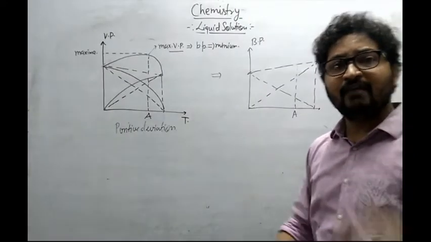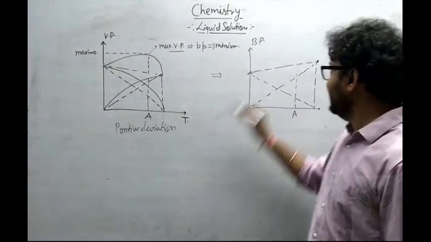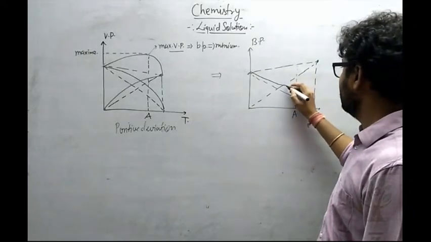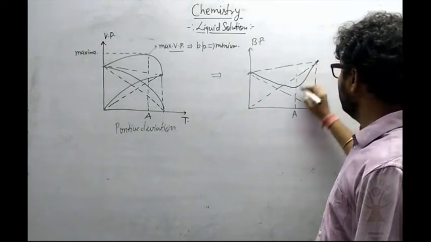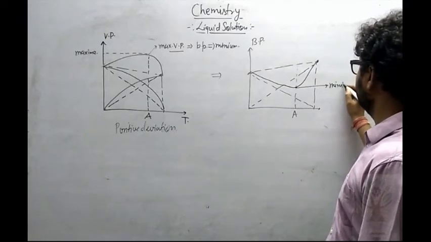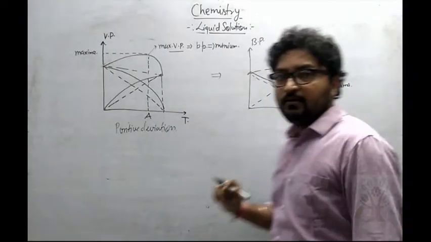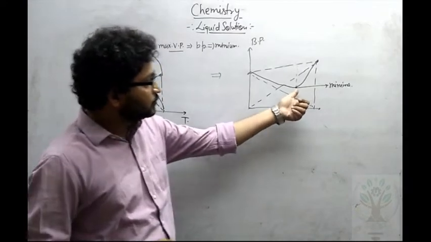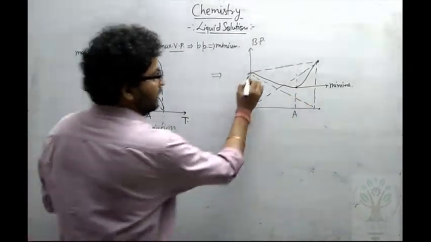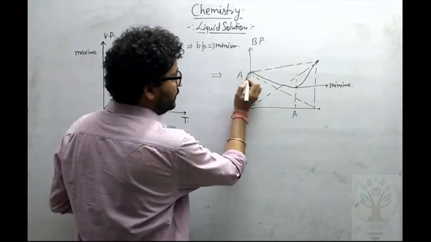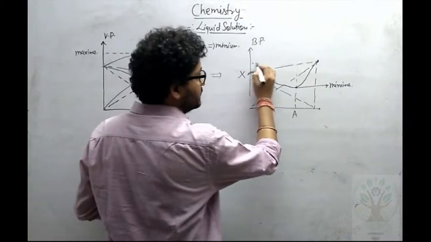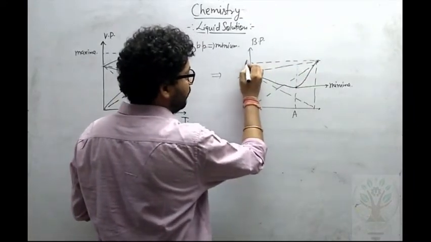So this time I will have minimum boiling point, somewhat like this. This means this will be minimum. Means for particular composition A, the solution will have BP minimum.